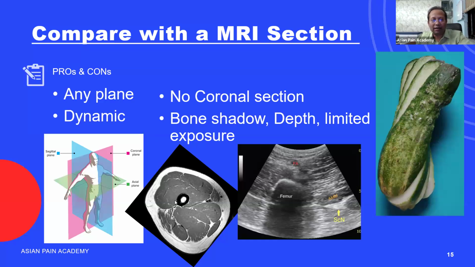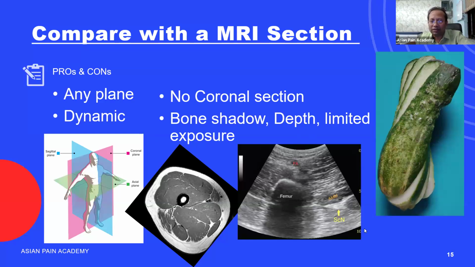So this is one disadvantage. You can see that this picture and this picture are of the same area. Here is the femur bone, and behind the femur bone in MRI I can see, but here there is a big shadow and you cannot see. Then the depth part. In other modalities, no matter what the depth, you can see, but here as the depth increases, the picture becomes hazy and you cannot see a very big depth.